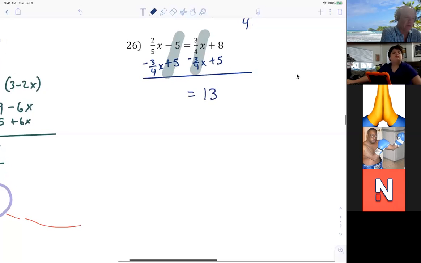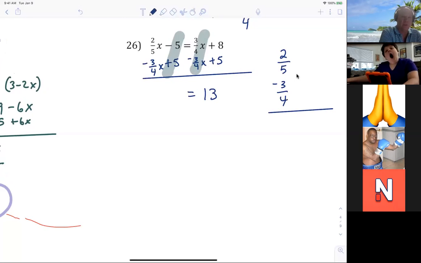But now I'm going to come over here and we're going to do 2/5 - 3/4 together. We're not using calculators, the numbers are too easy. The common denominator between 5 and 4, hopefully you recognize, is 20. Now we multiply the first fraction by 4, so 2 times 4 is 8/20.